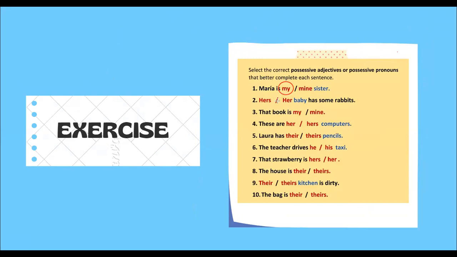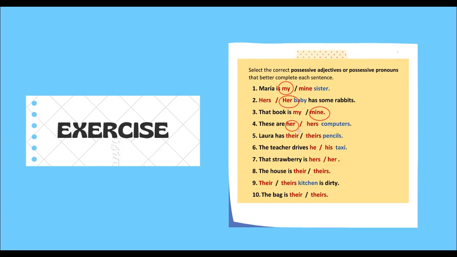So we are saying her baby because there is a baby as subject, so we cannot just say hers. So that book is mine because we are not saying that book is my book. If we say the subject, we have to use my. But if there is no subject, we have to say that book is mine.